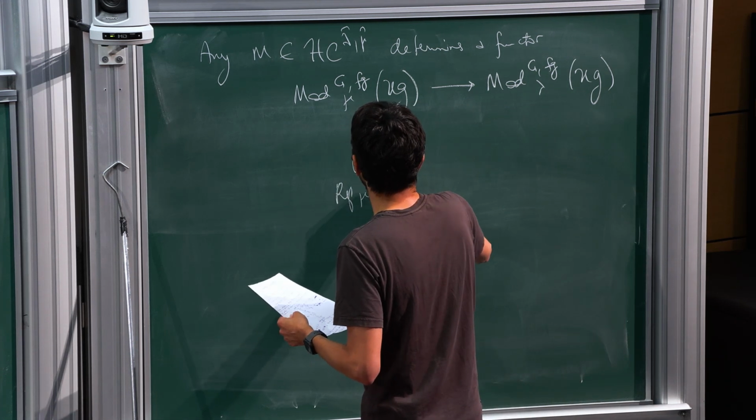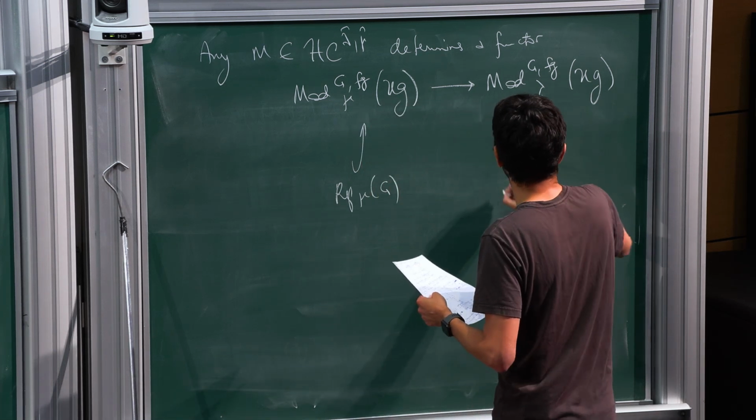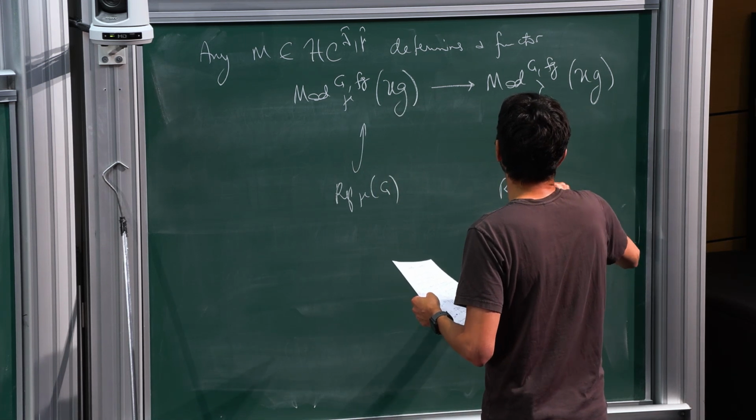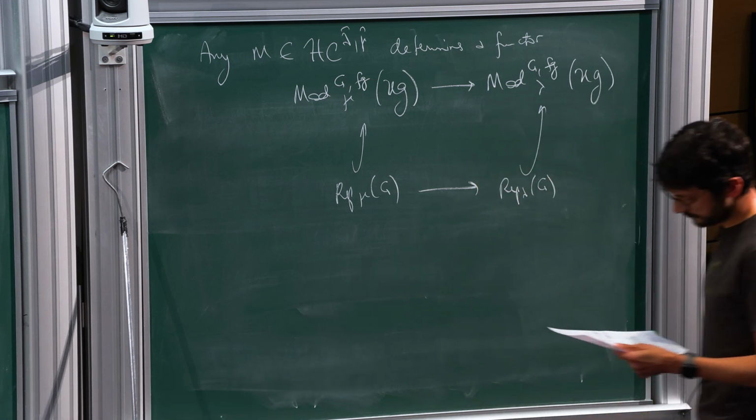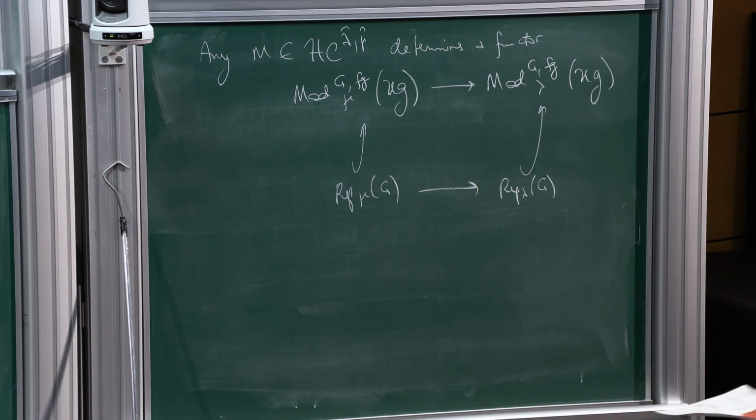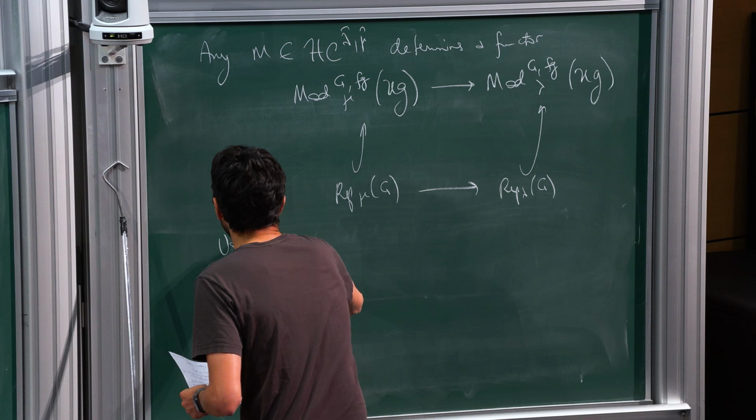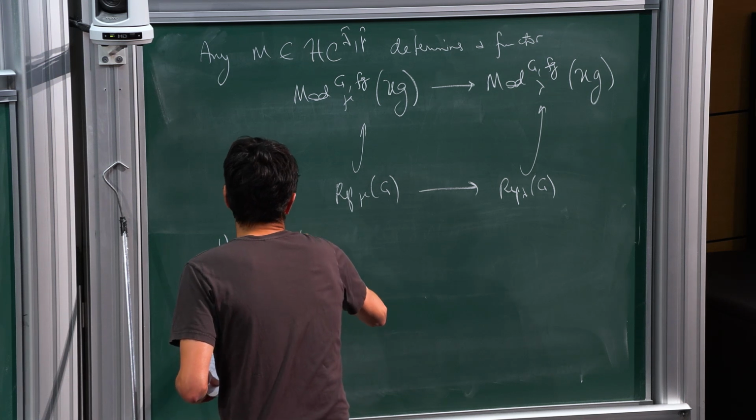So in here I have rep mu of G, and in here I have rep lambda of G. So this gives me a functor in here, and using objects.